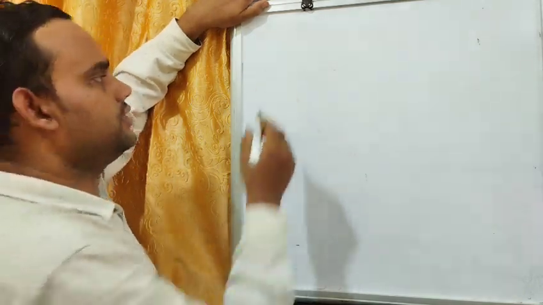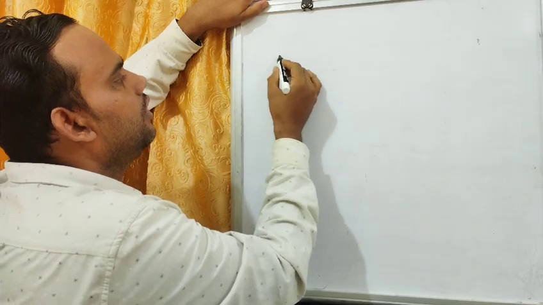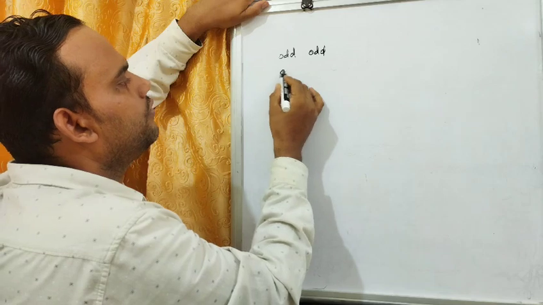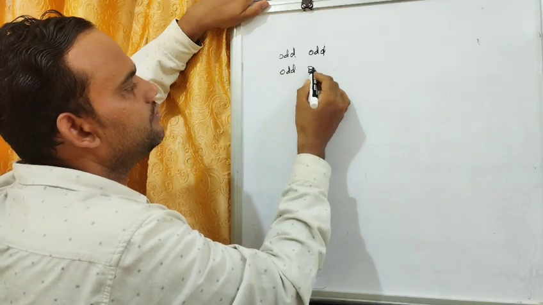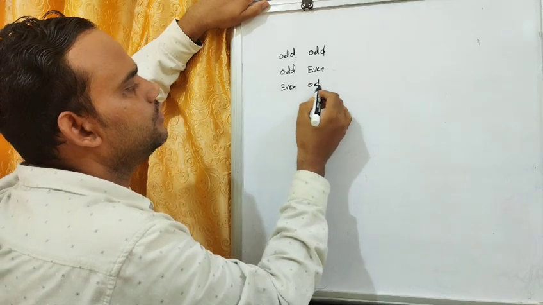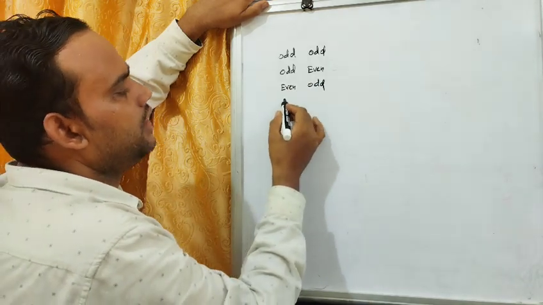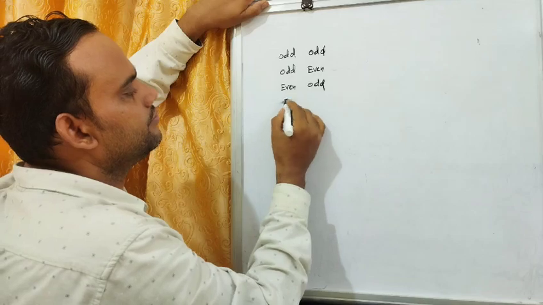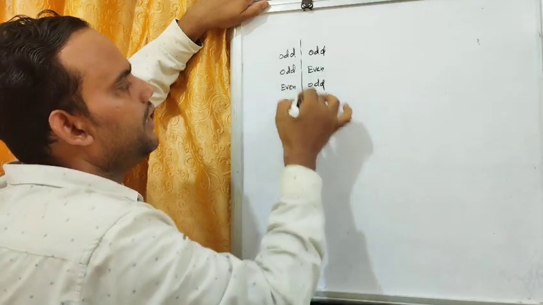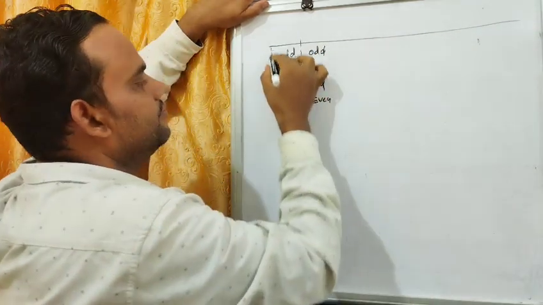So there are four combinations: both are odd, first odd and second even, first even and second odd, and both even.